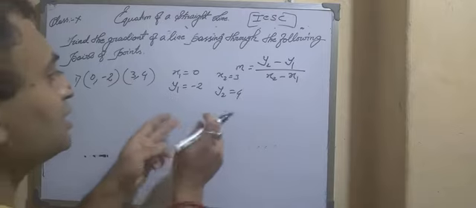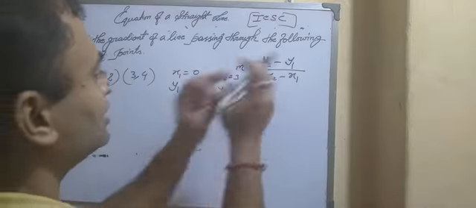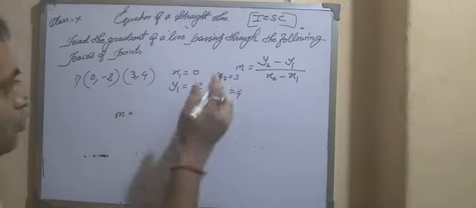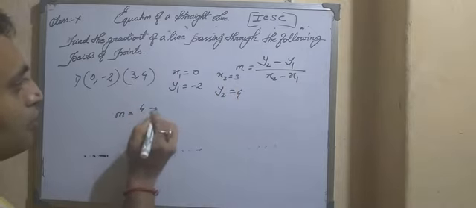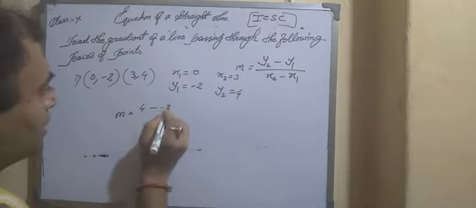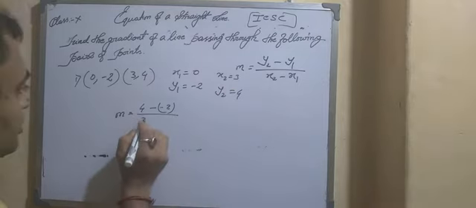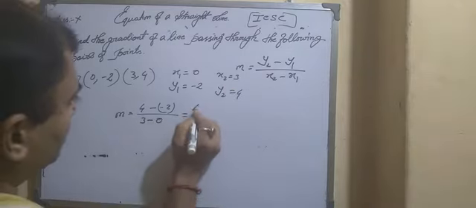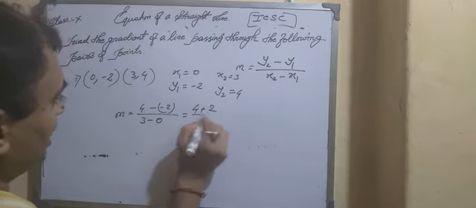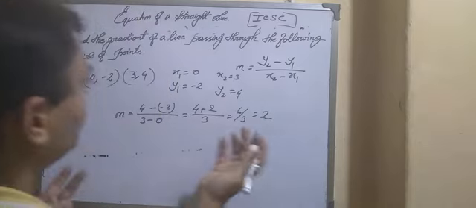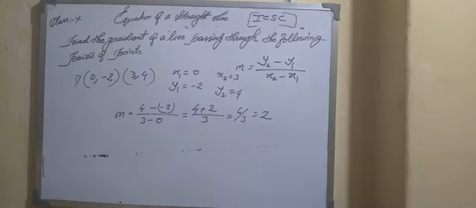Now we just put these values in this equation and find the gradient. Now m is equal to y2 minus y1, that is 4 minus minus 2, over 3 minus 0. Here 4 plus 2, that is 6 by 3, equal to 2. Very easy. So wait for our next problem.